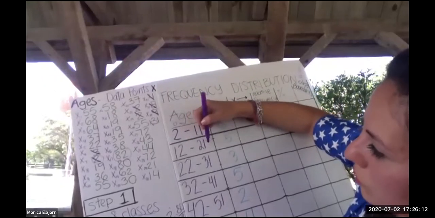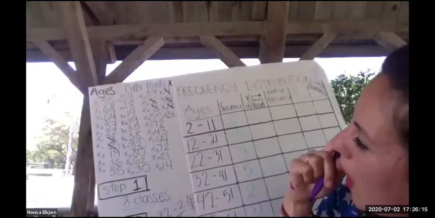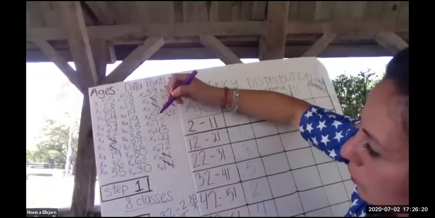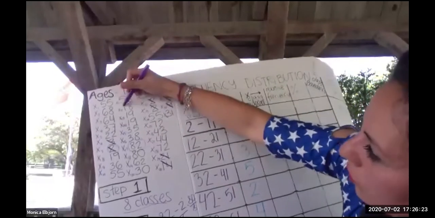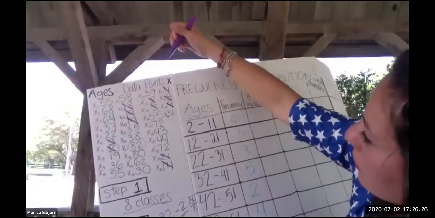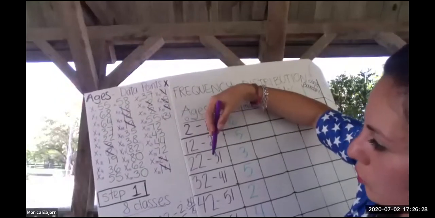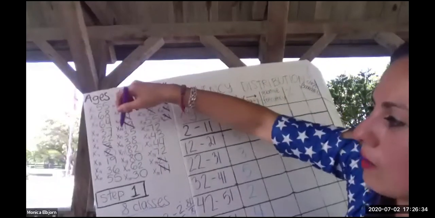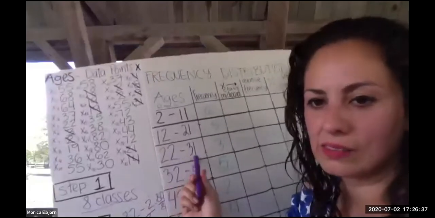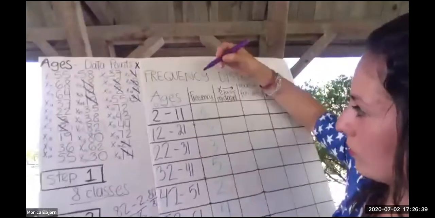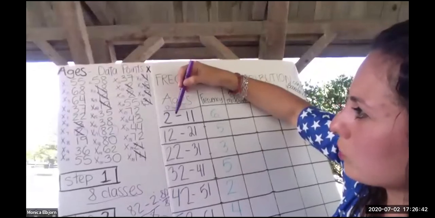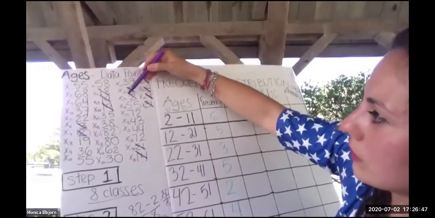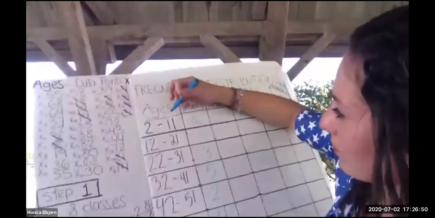And then from 12 to 21, I go 1, 2, 3, 4, 5, 5. And then from 22 to 31, I go 1. It's just how many data points I got of that class. So that's how I got this one. But from 2 to 11, 1, 2, 3, 4, 5, 6, 7. I think I got 7, not 6. Thank you.